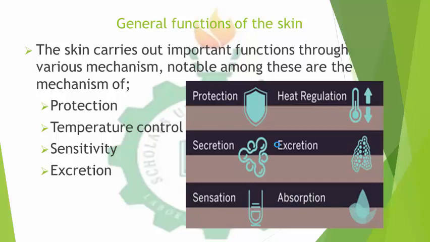We know that the skin protects, especially the dead cells in the epidermis layer, protects the skin from harmful microorganisms that can be outside the surface of the skin. So the epidermis, which is the fibrous tissue layer, protects the skin so that the microorganisms are not easily penetrated into the body. The skin also regulates body temperature by vasoconstriction and vasodilation.